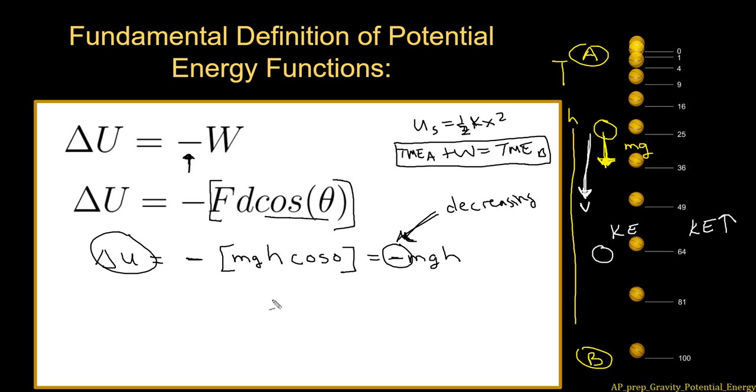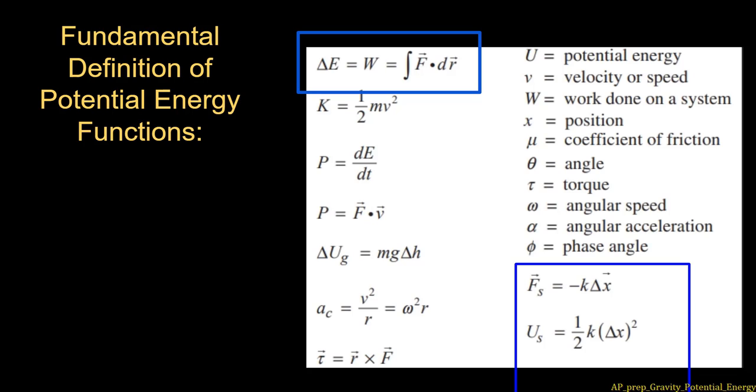So I'm going to pause this, go check out the AP formula sheet, and let you know if you get that formula. All right, I have bad news. You should memorize that the change in potential energy is negative the work done by the force, not by the person.